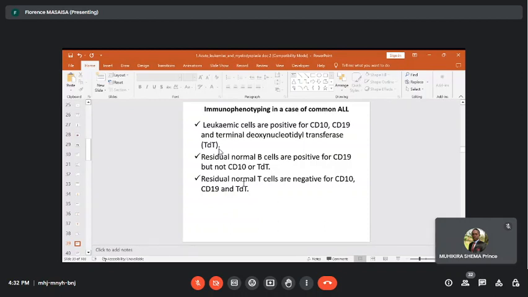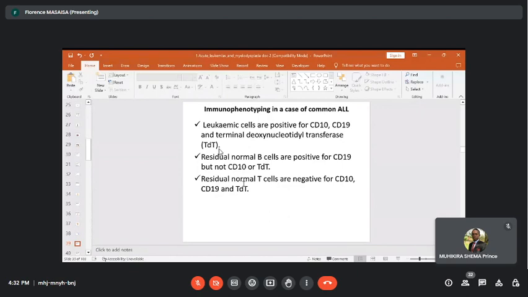Those are specialized technologies we are not going to go deeply into at this level, but understand that flow cytometry uses antibodies targeting the antigens expressed by leukemic cells. So when you see that CD10 is positive and CD19 is positive, that is classical for acute lymphoblastic leukemia.